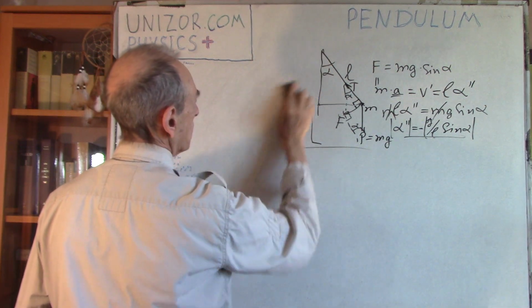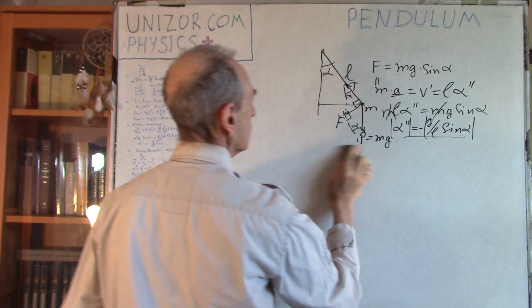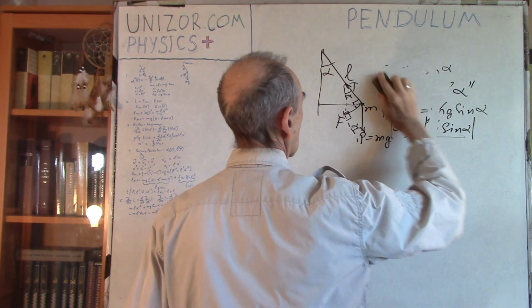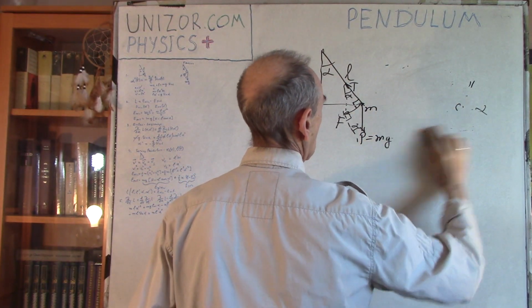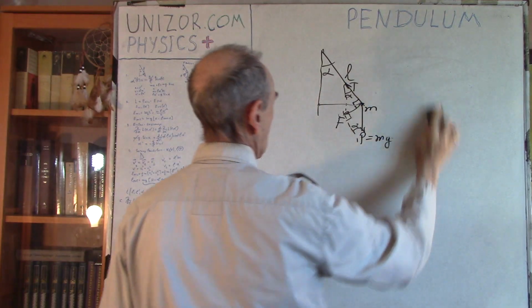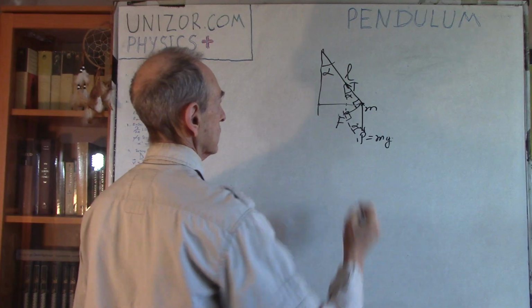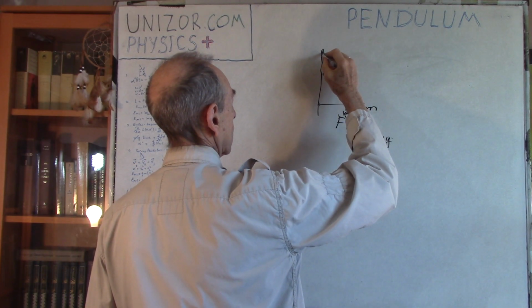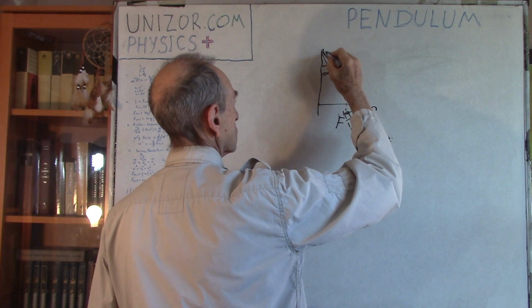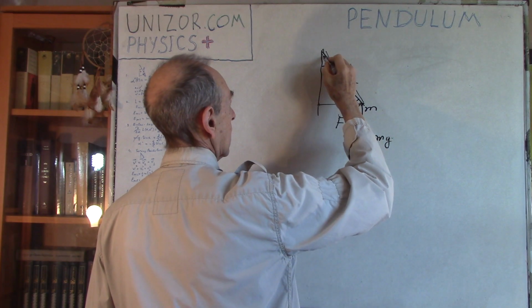Now, the more complicated problem is almost the same, but instead of an unstretchable thread, I will have some kind of a tube here and a spring.